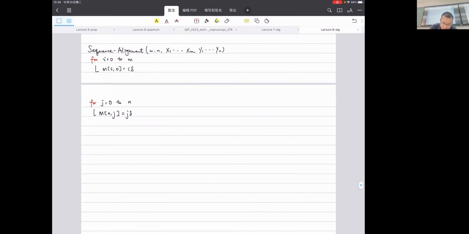So that goes into the main interesting part of the algorithm. Then we have the case where i and j are at least 1. It is a double loop, so let me write down two fors here.